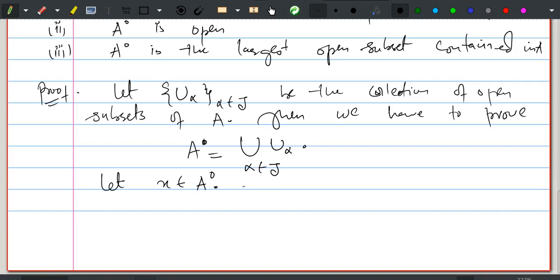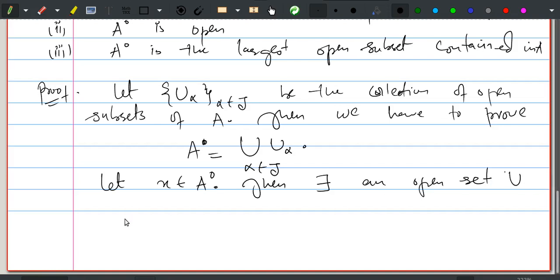So then there exists an open set U of x such that x is in the open set U and is contained in A itself. So this is true for any x.